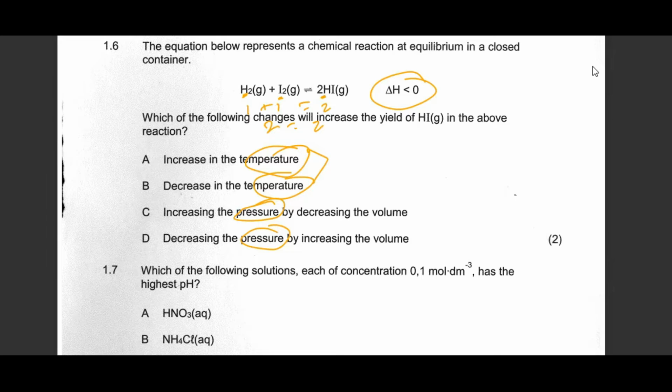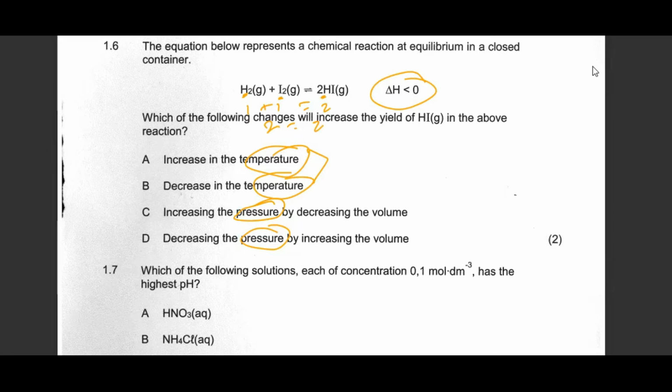So when the equilibrium is established and you increase the pressure, the reaction is going to remain the same, because it would otherwise favor the side with fewer moles.